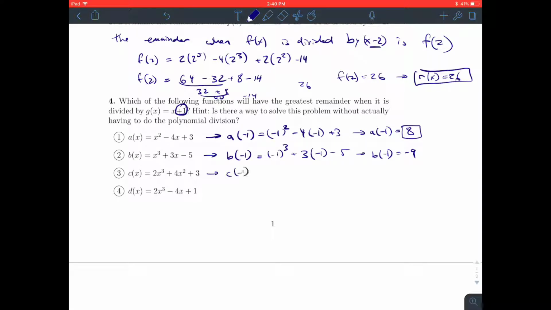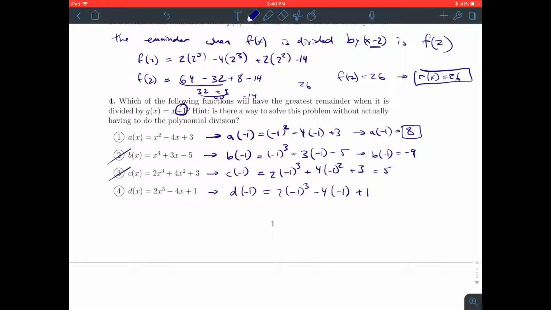c of negative 1, we plug in negative 1 again: 2 times negative 1 cubed, plus 4 times negative 1 squared, plus 3. Negative 1 cubed is negative 1, this gives us negative 2, plus 4, that's 2, plus 3, that's 5. So it looks like a is still the highest at this point. Next up, d of negative 1 is equal to 2 times negative 1 cubed minus 4 times negative 1 plus 1.